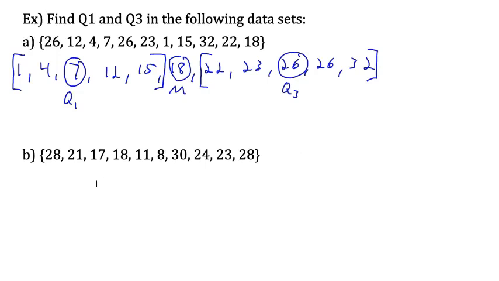Let's do that one more time here. Going to find the quartiles by first putting the numbers in order, finding the median, then finding the middle of the lower half and the middle of the upper half.